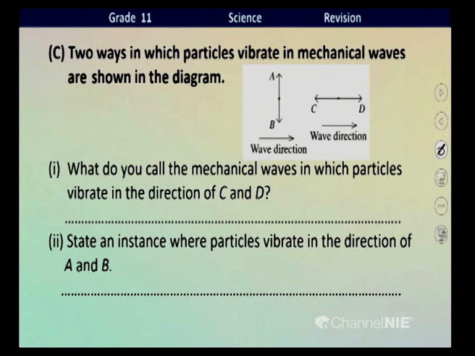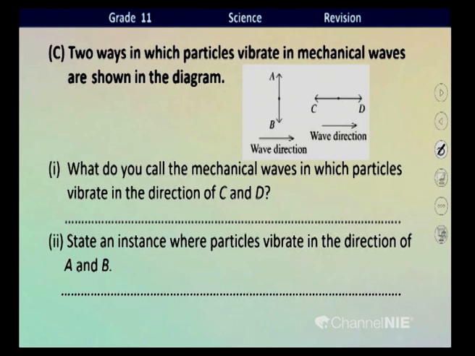Two ways in which particles vibrate in mechanical waves are shown in the diagram. What do you call the mechanical waves in which particles vibrate in the direction of CD? See, here in this particular wave, children, particles vibrate perpendicular to the direction of the wave.